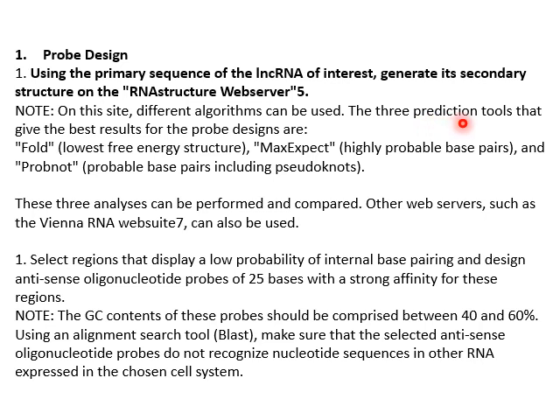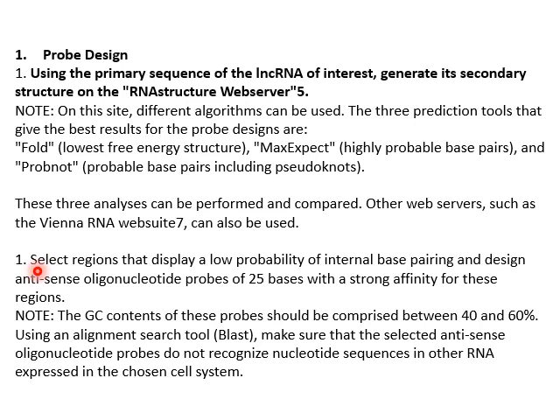There are three prediction tools that can give the best result for the probe design. Those are RNAfold, which we're going to show you today, MaxExpect, the highly probable base pairs, and ProbKnot, the probable base pairs including pseudoknots. These analyses can be performed and compared. Other web servers such as Vienna RNA WebSuite 7 also can be used.